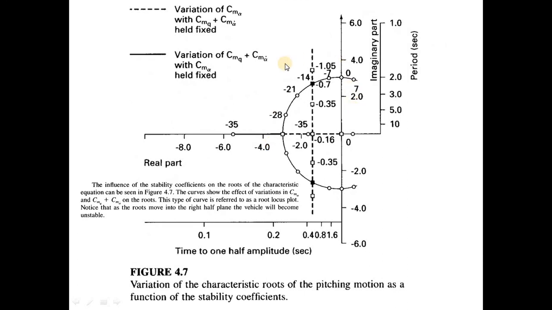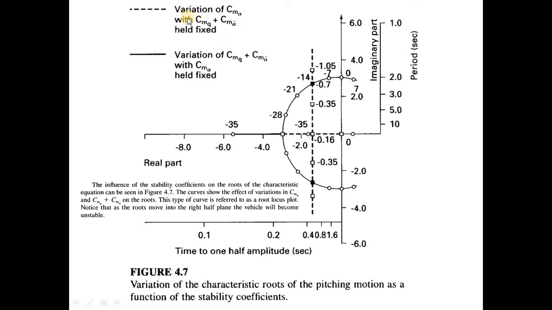Now if you look at the impact in the S-plane, the solid line is the variation of Cmq plus Cm alpha dot with Cm alpha held fixed. So if you fix this, the response will be this. The dashed line is the variation of Cm alpha.